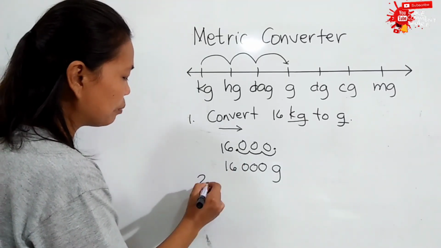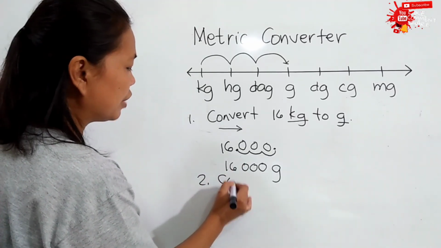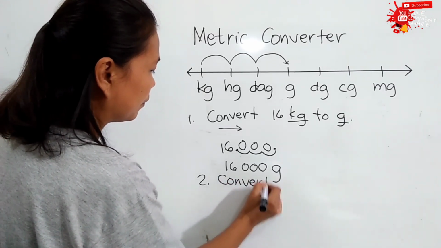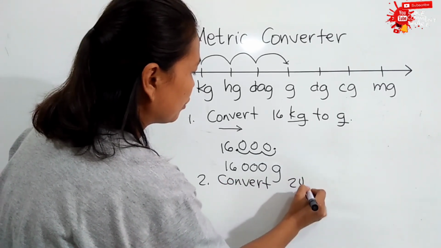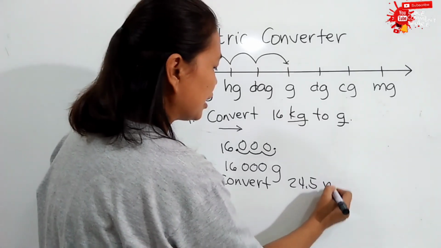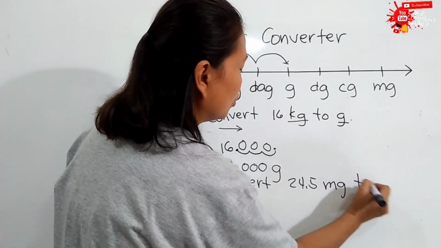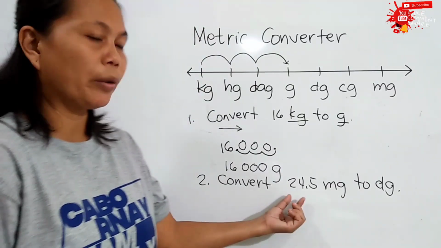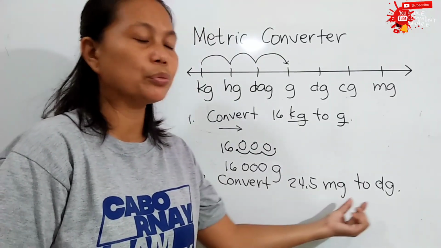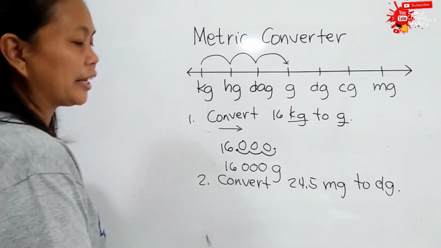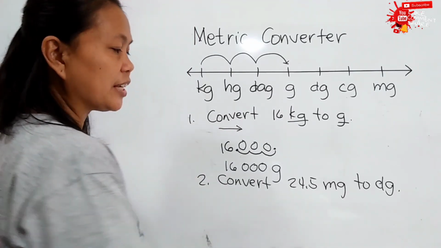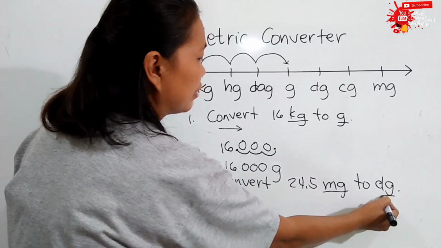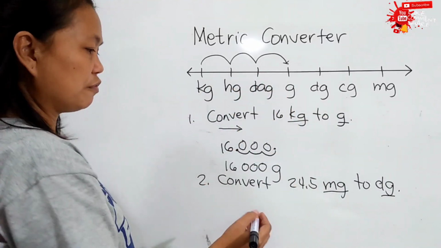Now let us have example number 2. Convert 24.5 milligrams to decigram. Again, we will count the number of spaces between milligram and decigram in our metric converter.